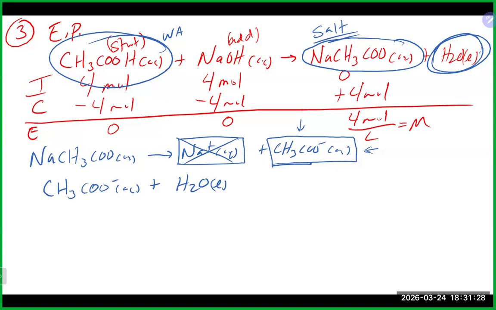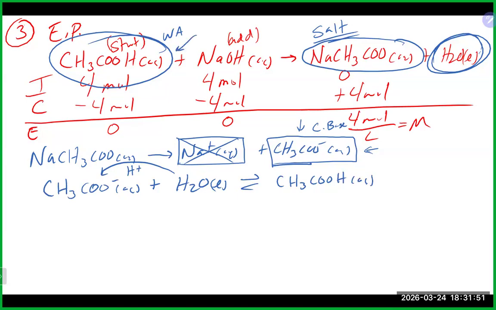Because it comes from a weak acid, this will be the conjugate base, which means it's going to act as a base when it reacts with water, and it's going to accept the H+. The good news is it will always form where it came from. You probably have that in the problem.